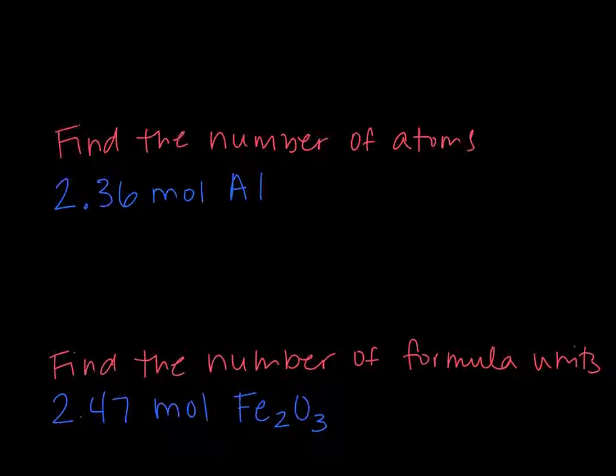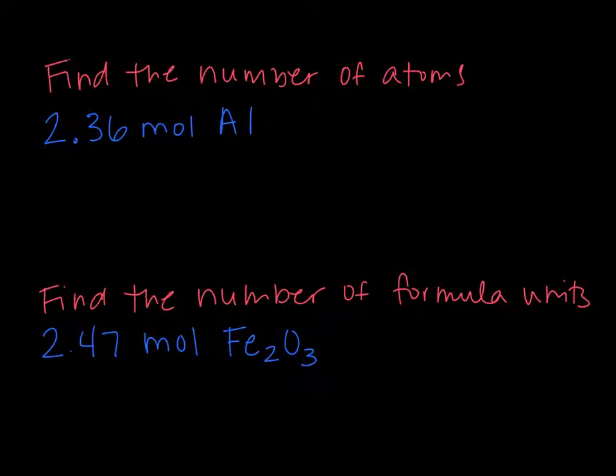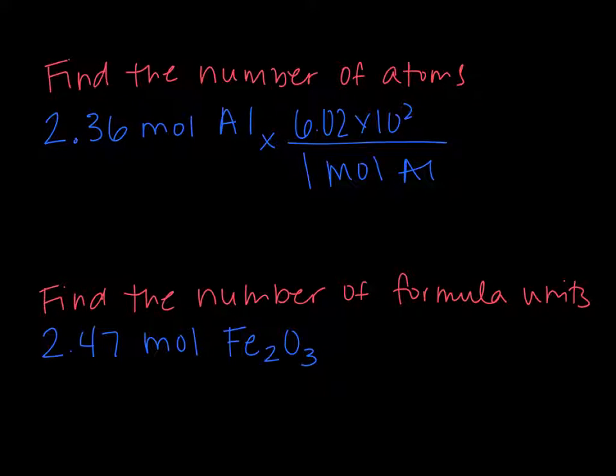All right, so let's go back to this problem here. We have 2.36 moles of aluminum. And so I know that mole has to go on the bottom. So 1 mole of aluminum is 6.02 times 10 to the 23rd aluminum. And that's an atom, right? So we found the number of atoms by getting to aluminum.